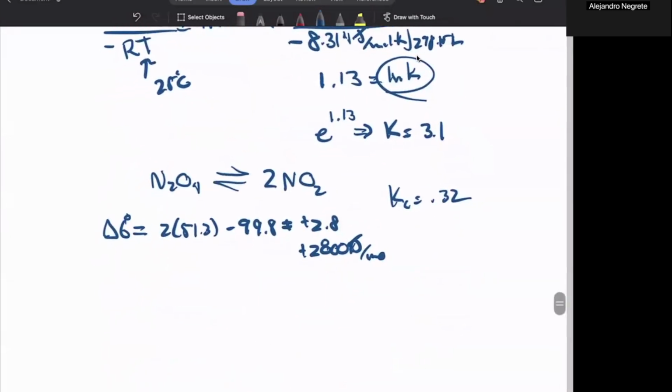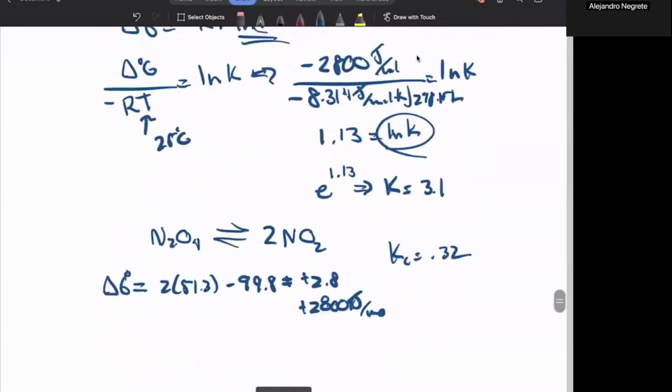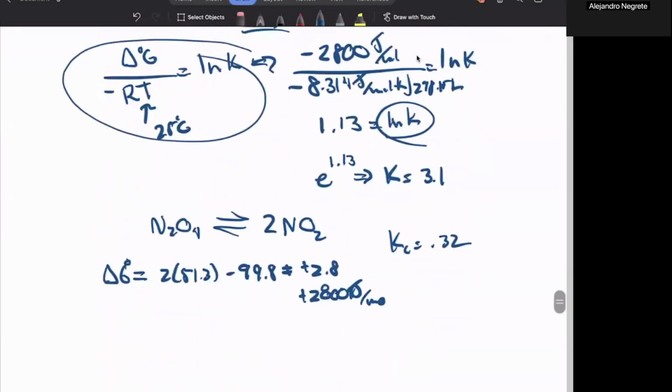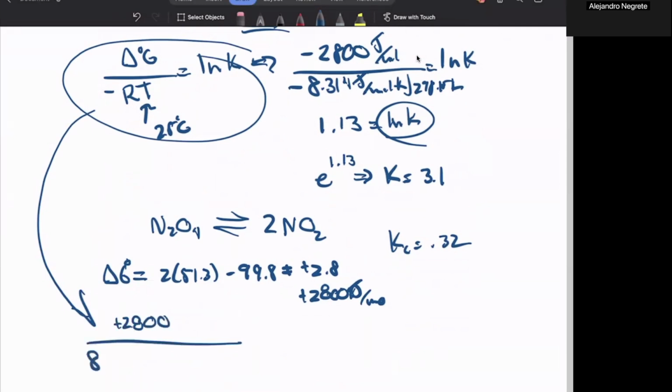And this does have an effect on the final calculation. If we set this back up, we're going to say positive 2,800 over 8.314 times 298.15, still the same temperature.